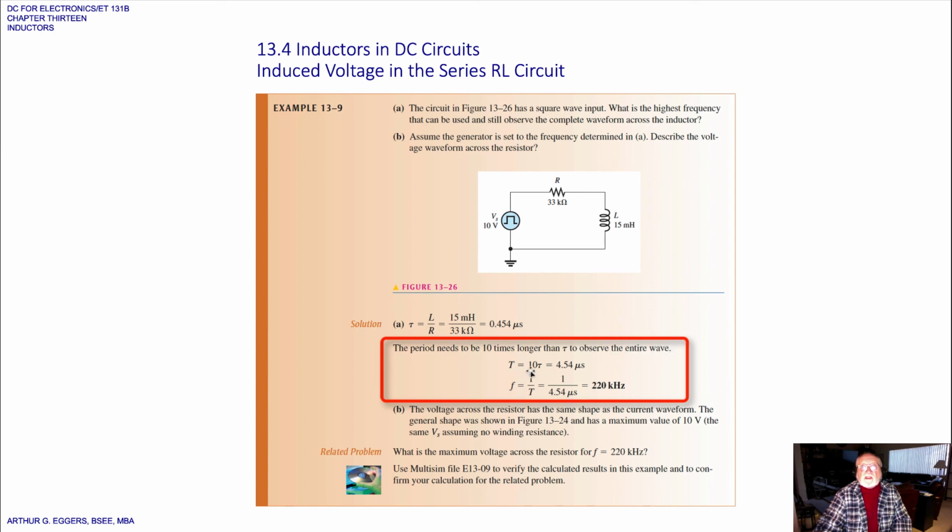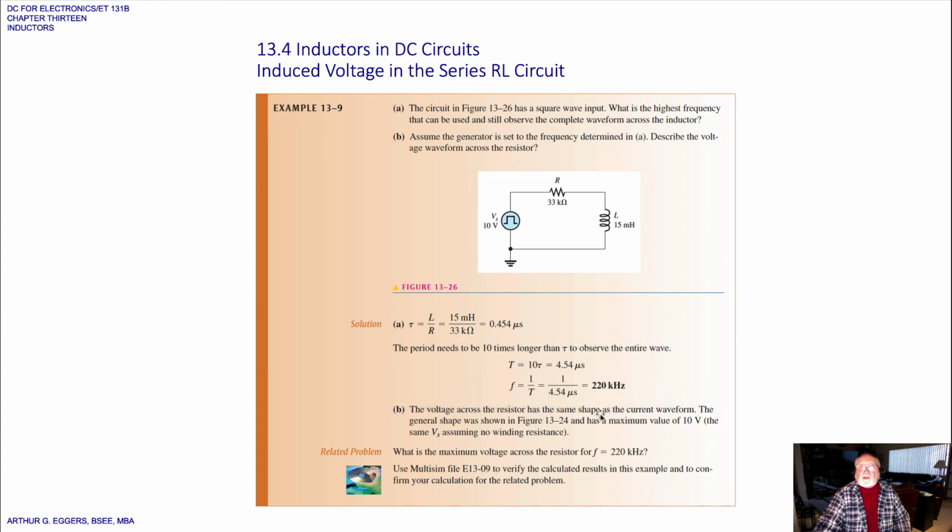So T is equal to 10 times tau, which is 4.54 microseconds. We know that an inverse relationship exists between time and frequency. So if we invert that 4.54 microseconds, we end up with 220 kilohertz as the frequency.